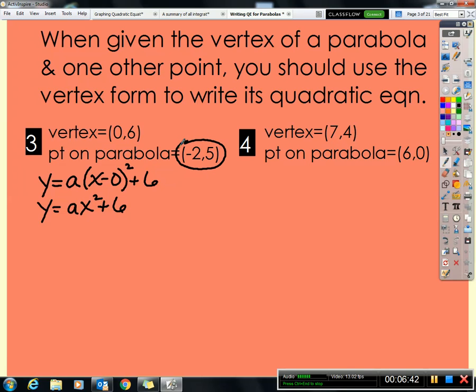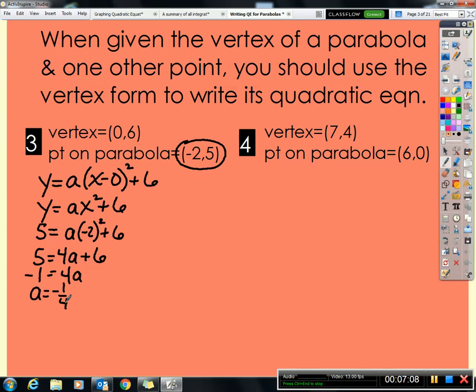So 5 equals a times (negative 2) squared plus 6. Just plugging in 5 for y, negative 2 for x. Negative 2 squared is 4, times a is 4a. Subtract 6 from both sides. a is negative 1/4.